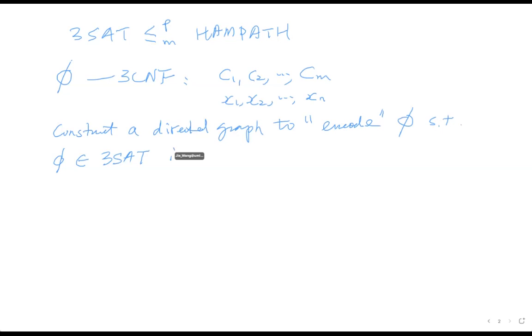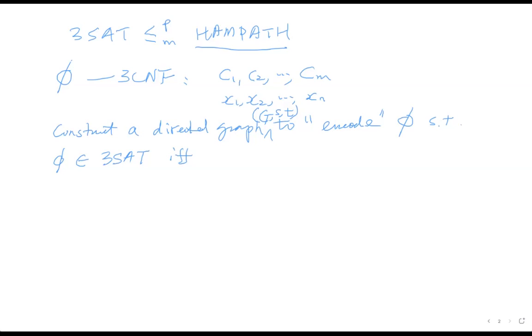If and only if, let's call G the graph we're constructing, which also has 2 points. So you construct a G, and you also specify 2 points S and T, because this is a path. This path from S to T goes through every other node in G exactly once.